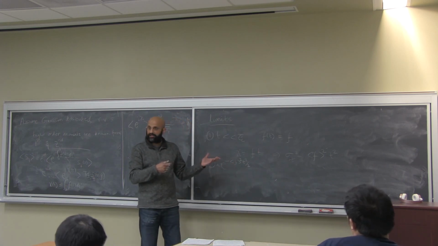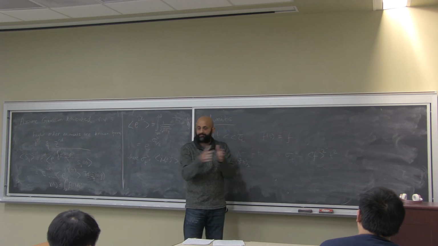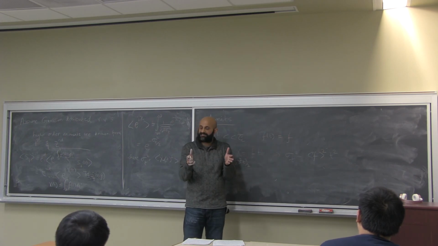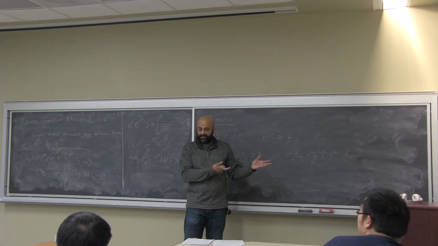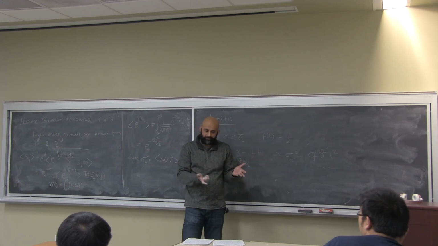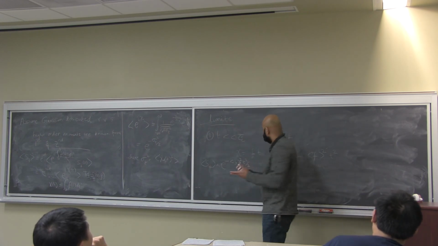But there's another interesting point. If f of t is truly constant over some time scale t, you might ask yourself, can't I reverse some of the dynamics and recover the original value that I started with? And this is the idea of the spin echo. Basically, you start the system in a coherent state.